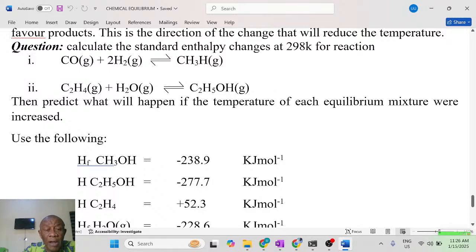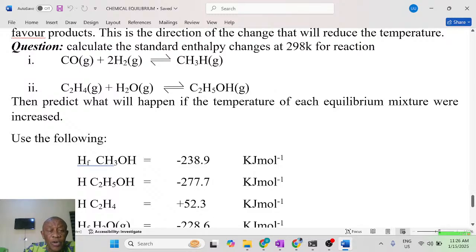So when we have CH3OH, that is the first one, and the reaction enthalpy is in kilojoules per mole. Then we see what happens with C2H5OH. In terms of the number of moles of gases, it is 2 moles plus 2 moles against 1 mole, which is quite different from 1 mole plus 1 mole against 1 mole.